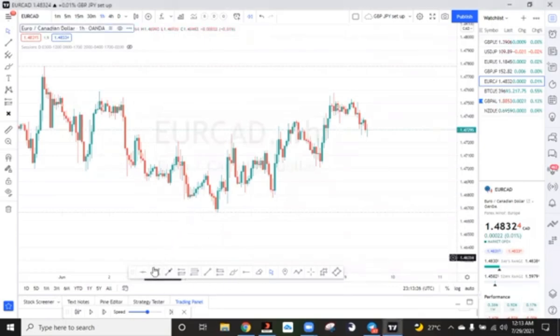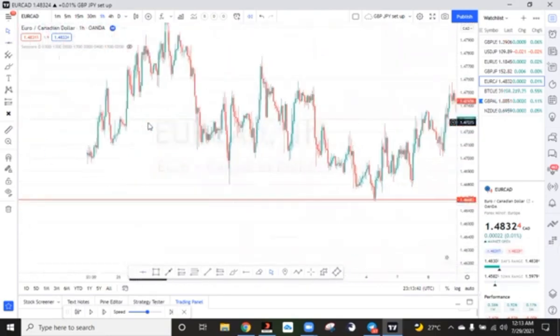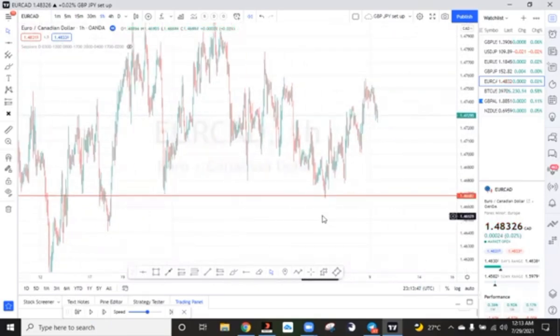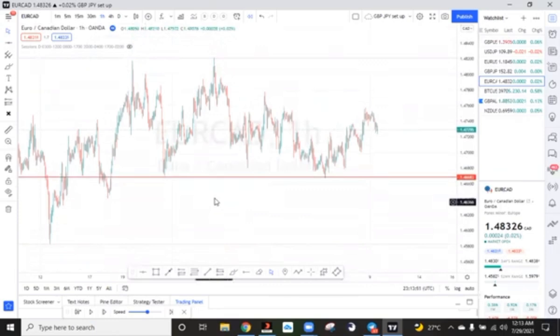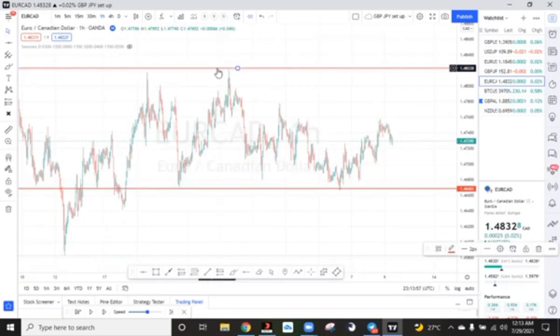Now here we have supports. We have resistance.